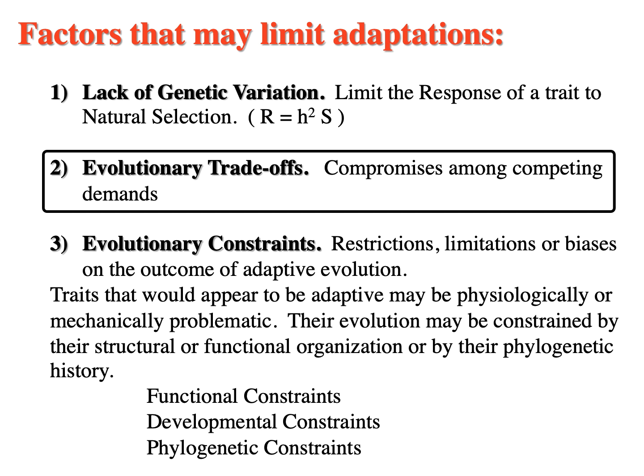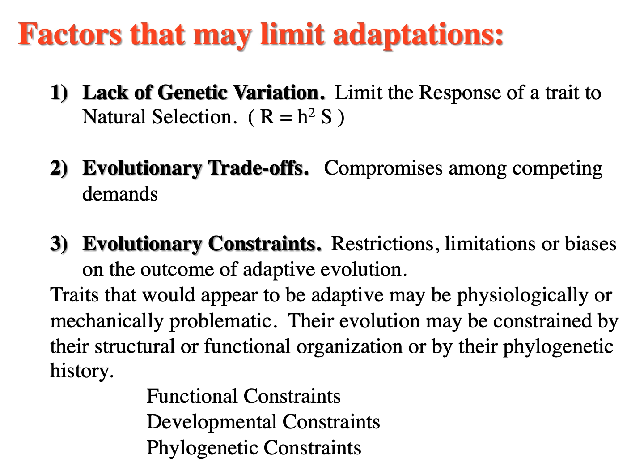The second are evolutionary trade-offs, that is, compromises among competing demands. So just as we talked about sexual selection, that is, a brightly colored male bird attracts more predators as well as more mates.